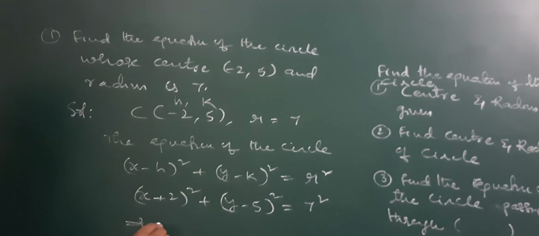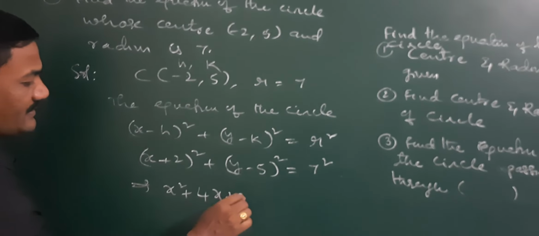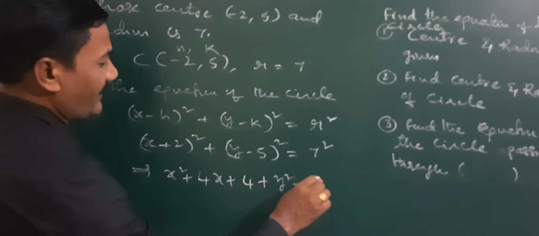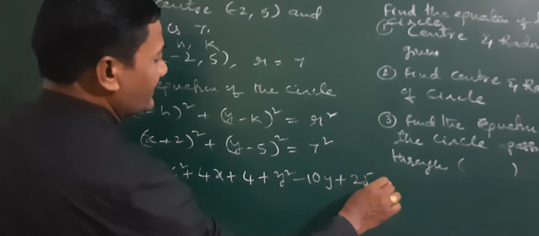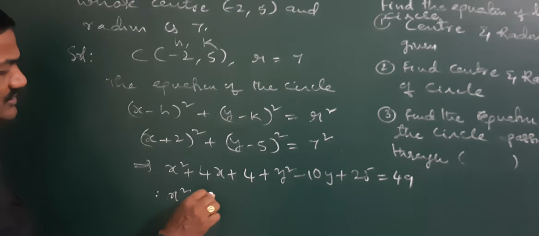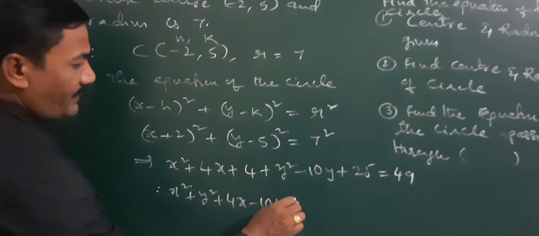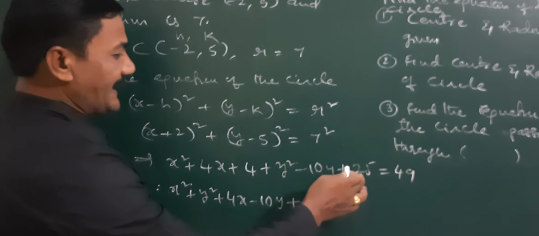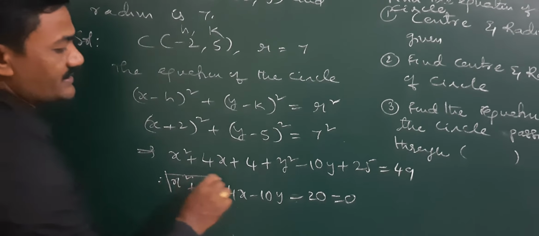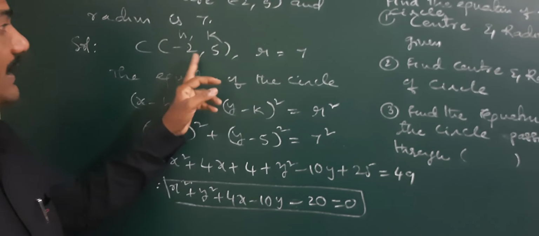That simplifies to x square plus 4x plus 4 plus y square minus 10y plus 25 is equal to 49, that is x square plus y square plus 4x minus 10y minus 20 is equal to 0. This is the equation of the circle whose center is (minus 2, 5) and the radius is 7.